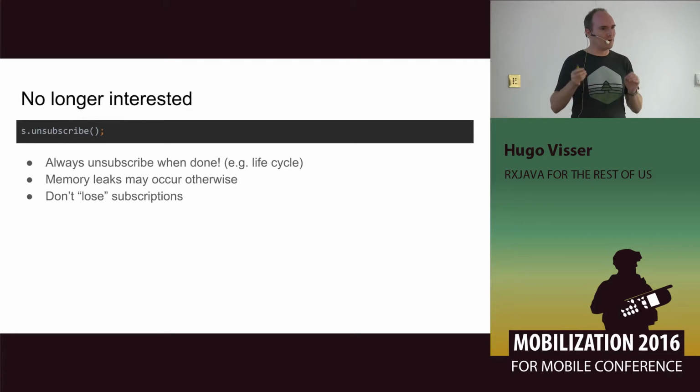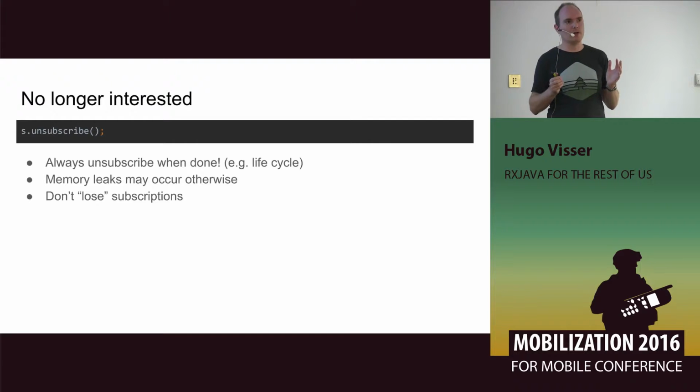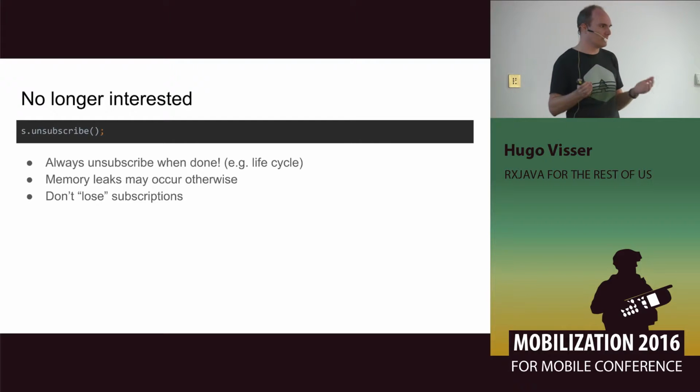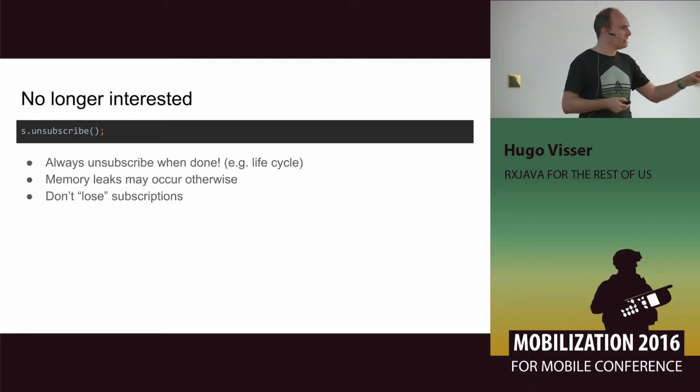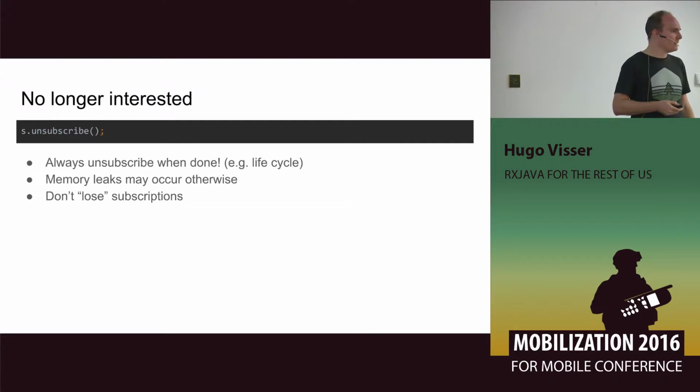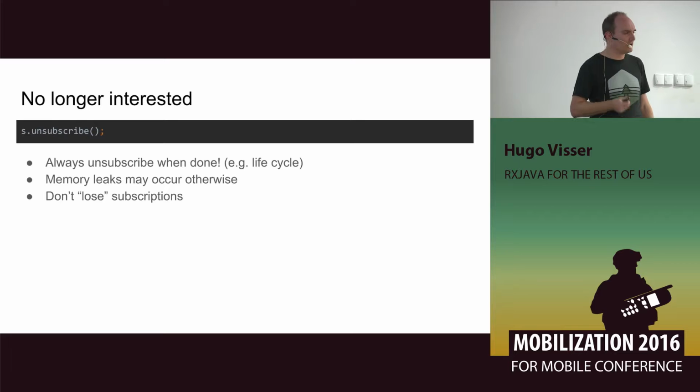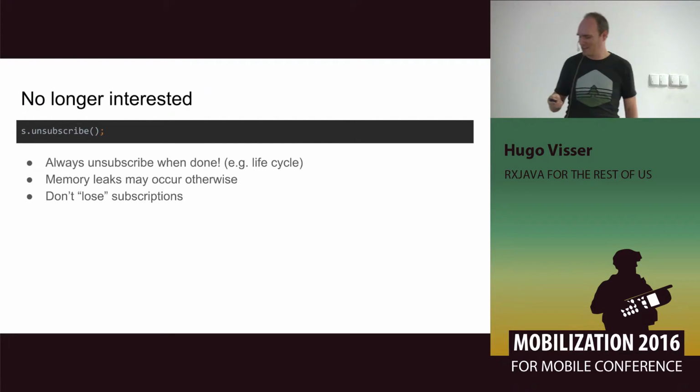If you subscribe somewhere, you always want to be able to unsubscribe. And there's no hard and fast rule if it will leak memory, but just assume that it will and then be on the safe side. Yes? Any tips and tricks to... Yeah, I will get to that. I'll show you later.